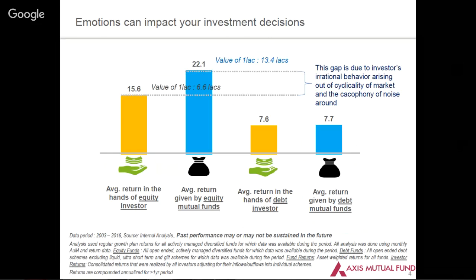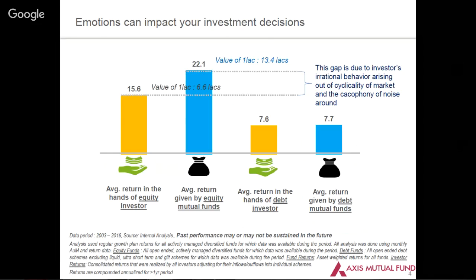What is the impact of these things? There is a very real, material impact on investors of getting swayed by market cycles, leading to adjustment, reduction, or variation in the allocations that they have made. This is again a study that we have done at Axis AMC.